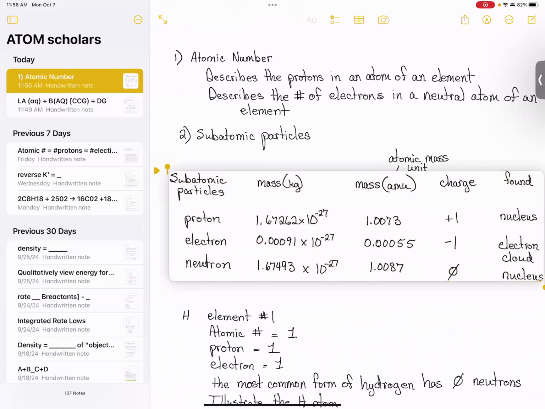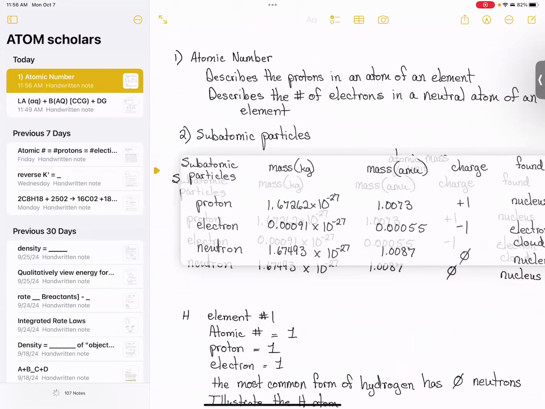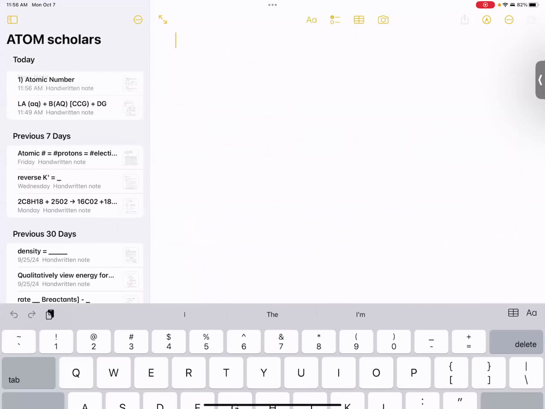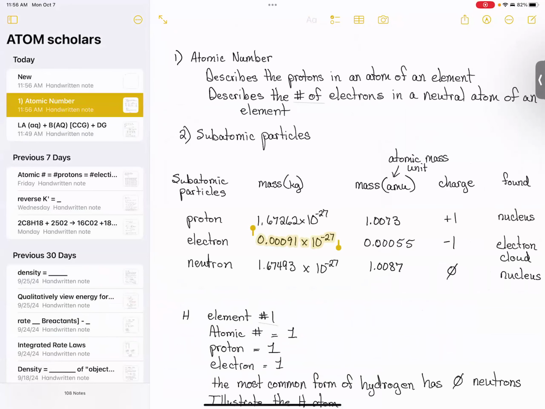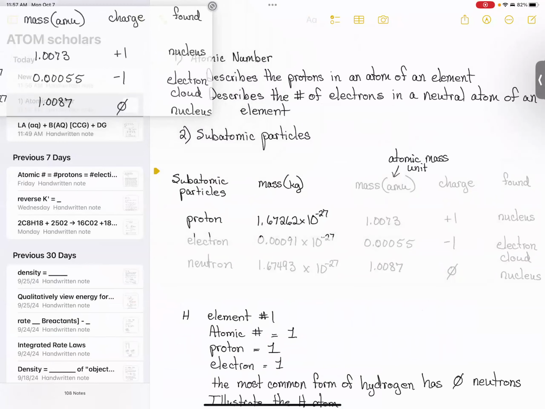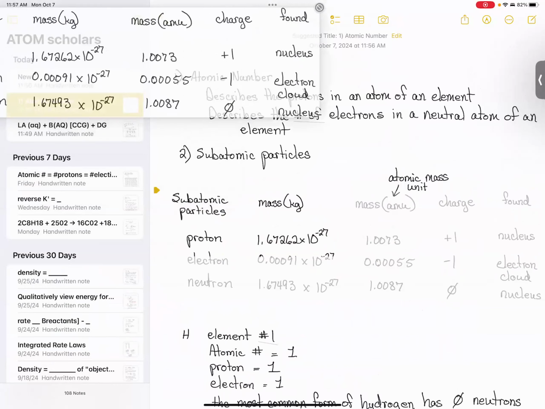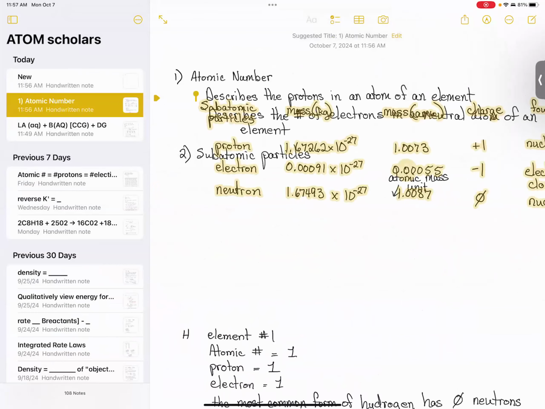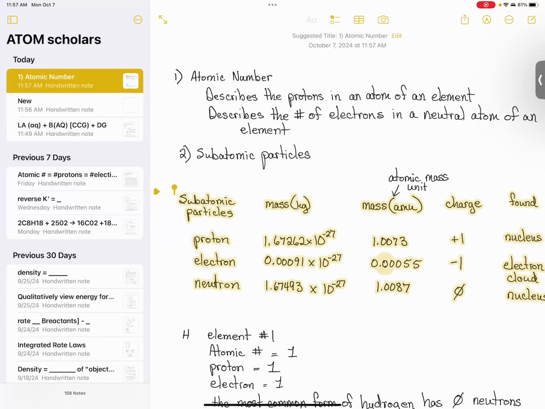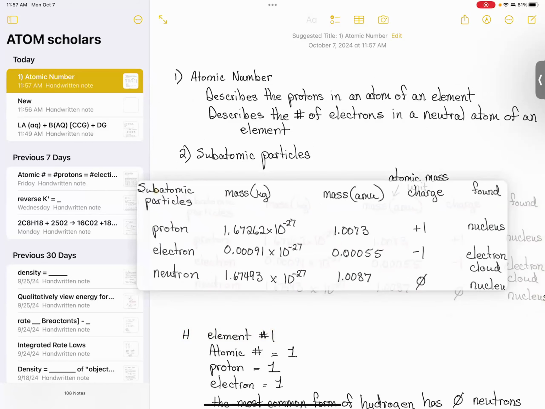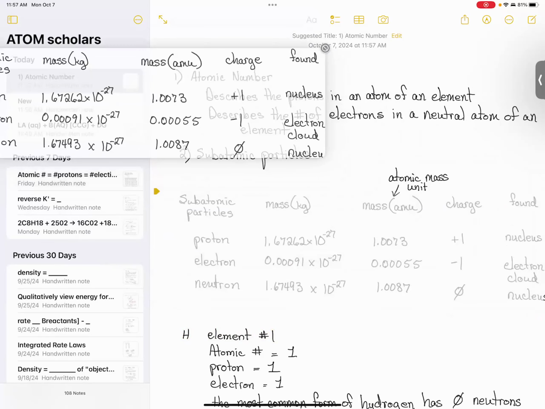How do I copy? Mm. Please put it where I want it.